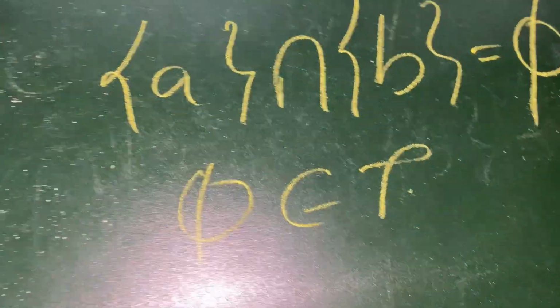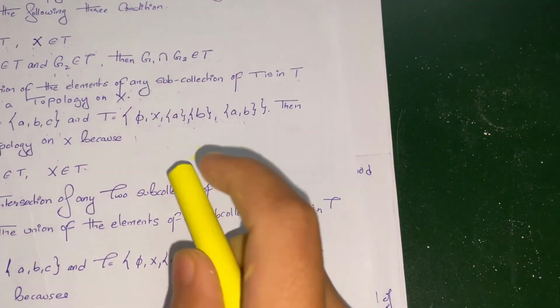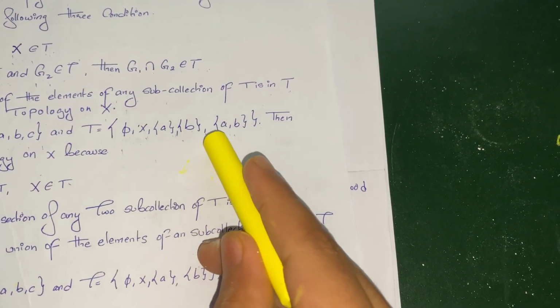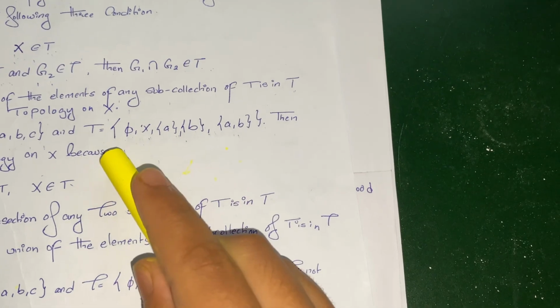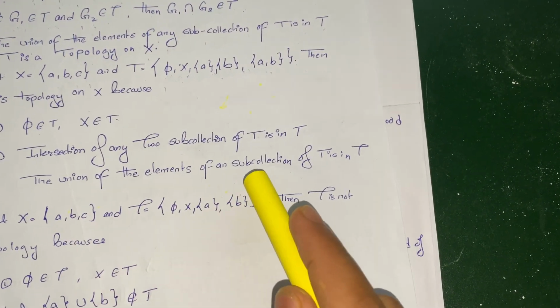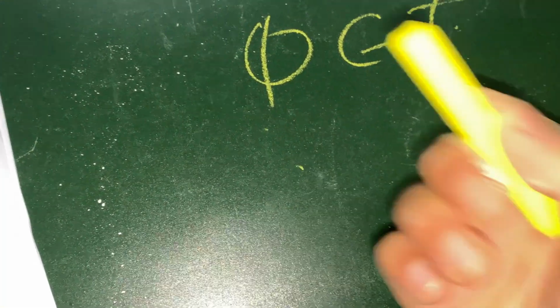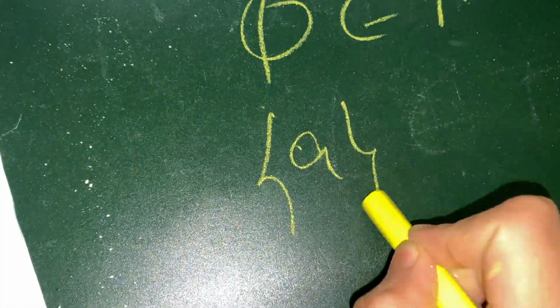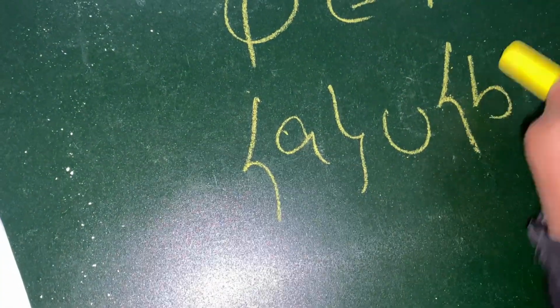Likewise, if you take the intersection of any two subcollections, it will always belong to T. And we have the third condition, the union of all the elements of a subcollection of T is in T. So let's take again {a} union {a, b}.